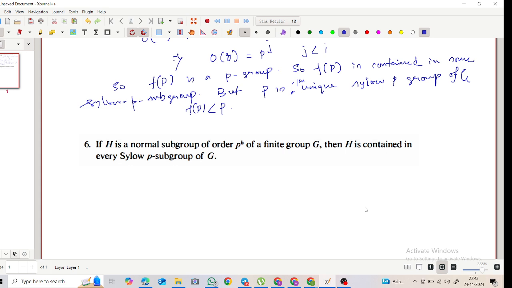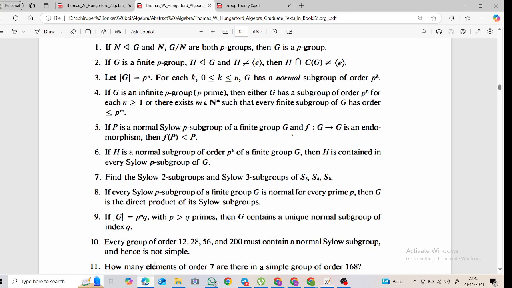Okay, so the thing is, how about this? If H is a normal subgroup of order p to the power k of a finite group G, then H is contained in every Sylow P subgroup of G. Okay.